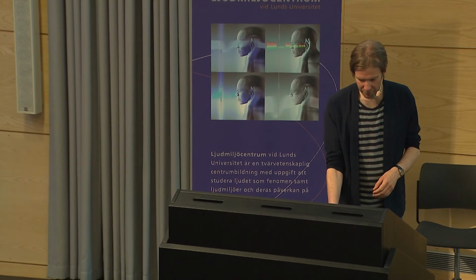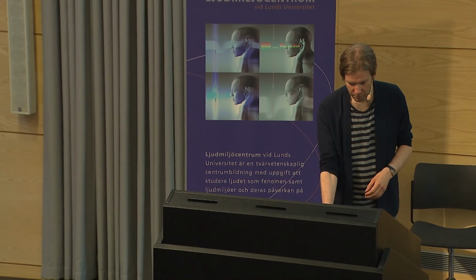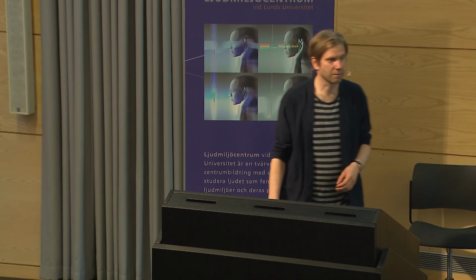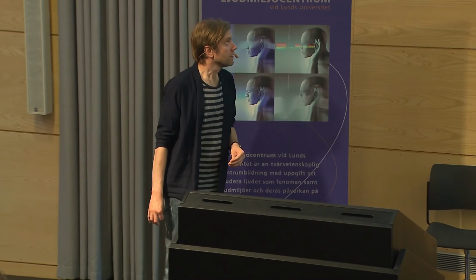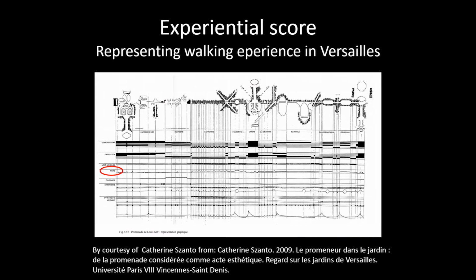So this is an example of a phenomenological mapping, and here is another example which looks a little bit like a musical score. This is from Versailles, and Catherine Zanto, who did her thesis work in this garden, trying to gather how it was to be walking in this garden around the time of the 18th century.